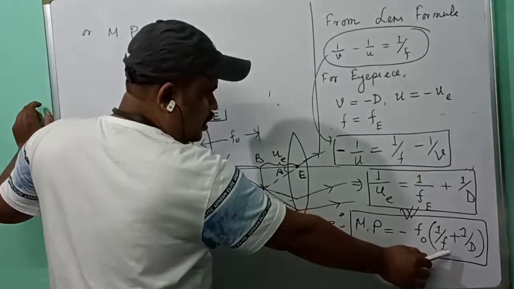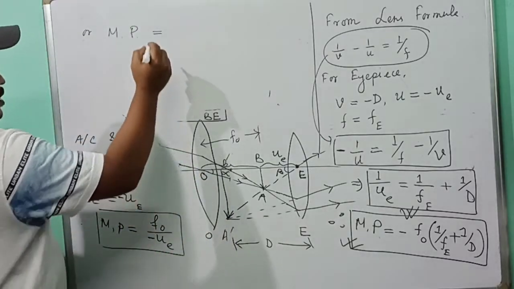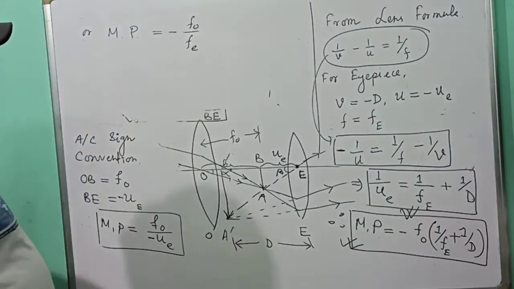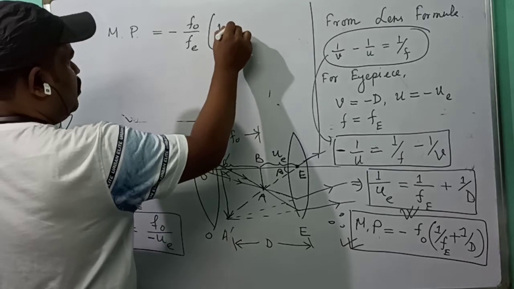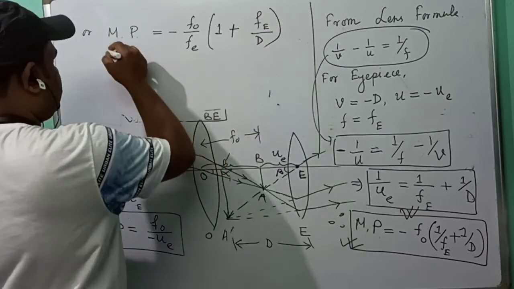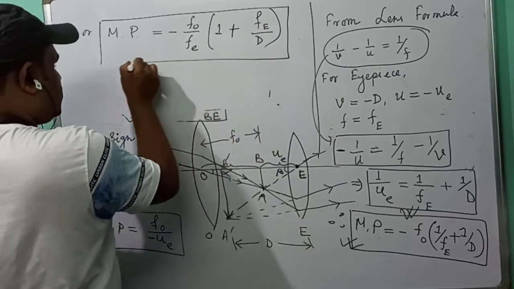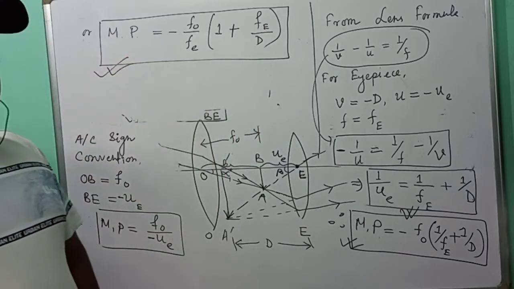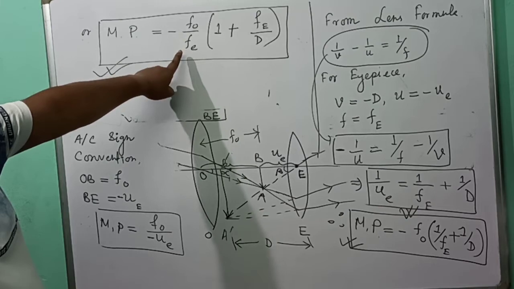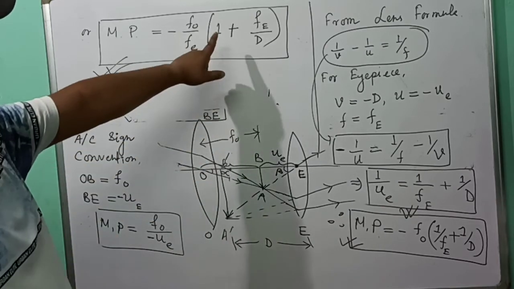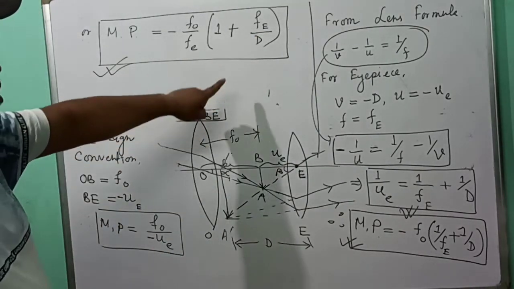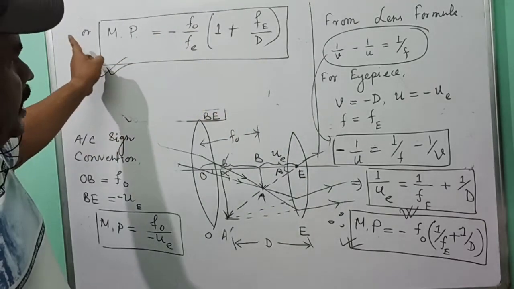Here if we take 1 by Fe common, then the final equation will be minus F naught by Fe, into 1 plus Fe by D. So this will be the equation for magnifying power in case of refracting telescope, when the final image forms at minimum distance of distinct vision.